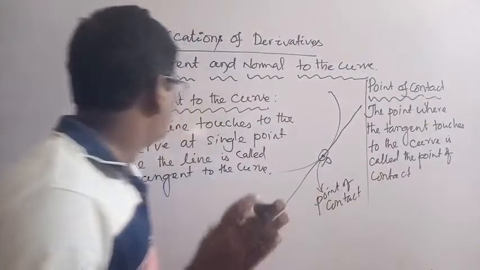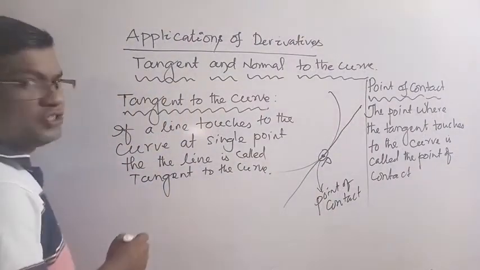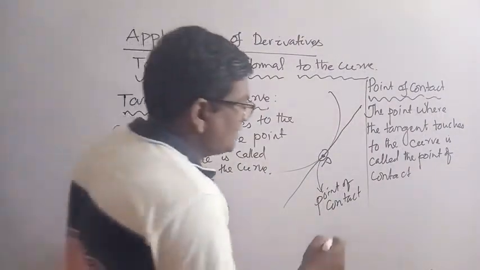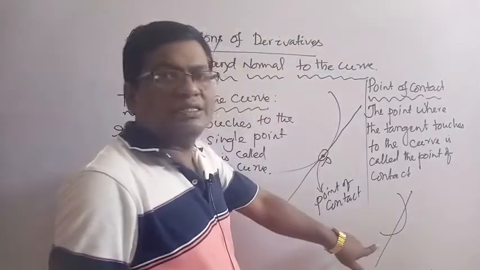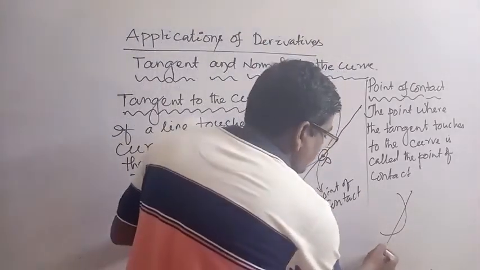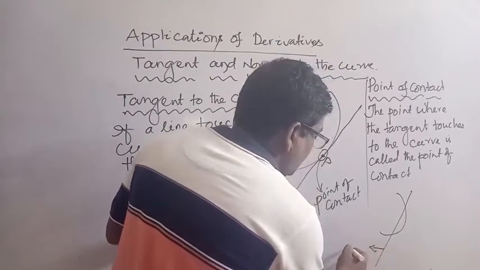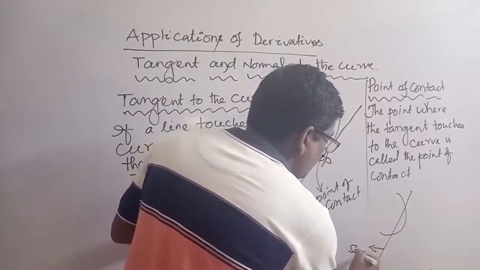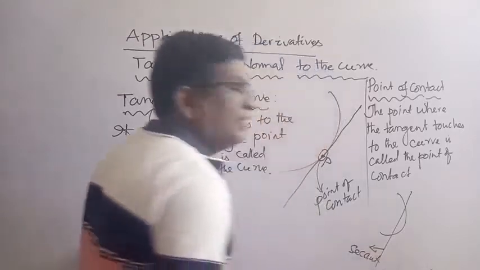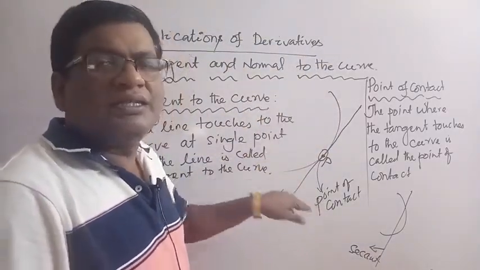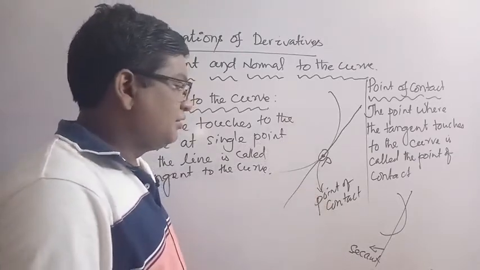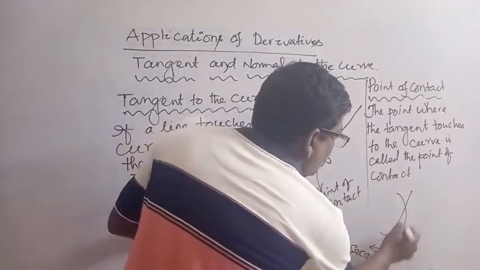And look at this. What is this line? This line is called a secant. If a line intersects the curve at 2 points, then the line is called a secant. This is one point and this is another point.